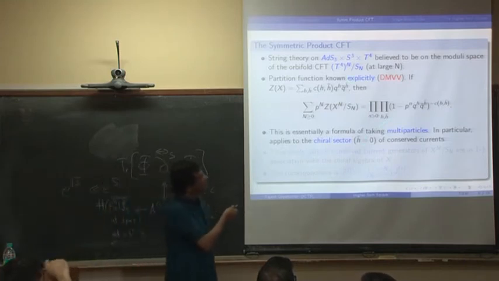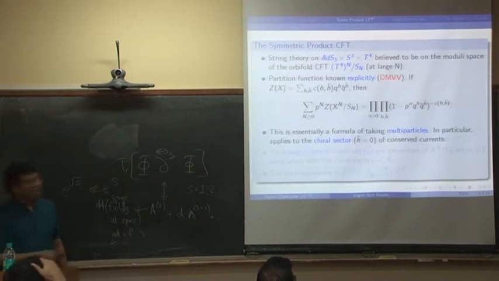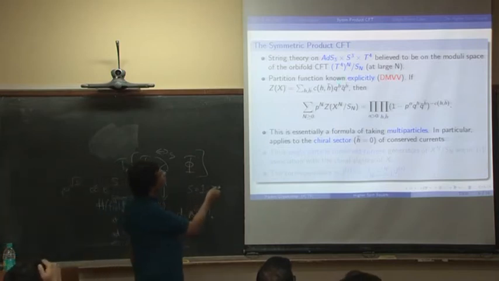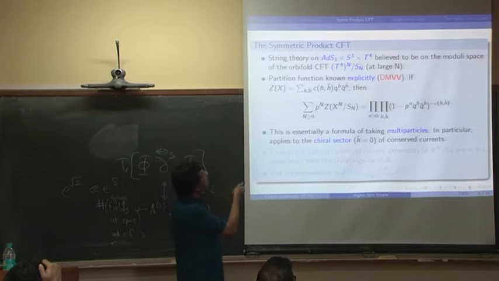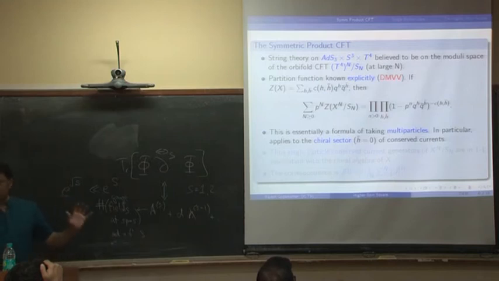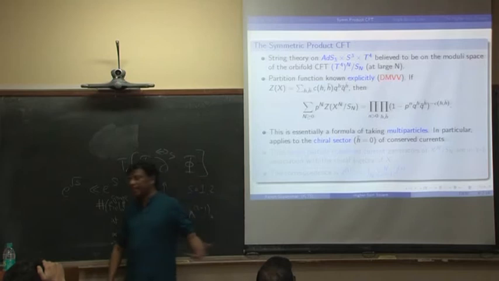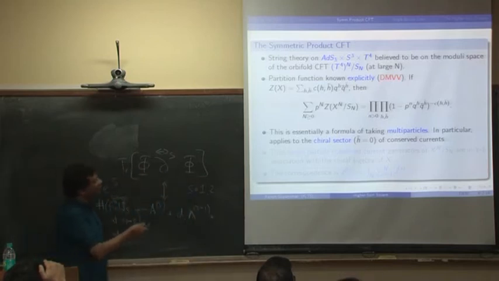The chiral sector is the piece which consists of only, say, the left movers or the right movers. So that's the sector where, say, h bar is 0, for instance. The chiral sector is something you can also read off from this.